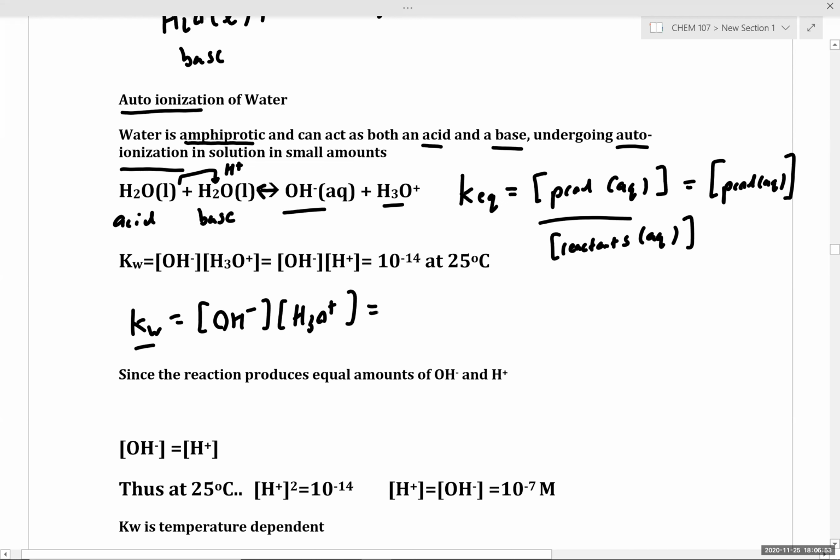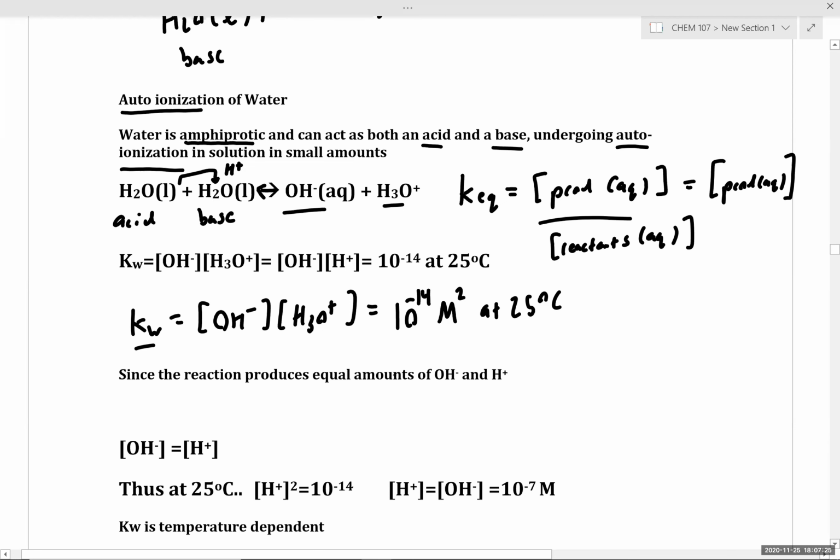And Kw is defined as the ionization constant of water, and it has the value of 10 to the negative 14th molar squared at 25 degrees Celsius. So what this is saying is that if we look at the product of the concentration of hydroxide times the concentration of hydronium, if we're looking at a sample of pure water, this product will be 10 to the negative 14th.